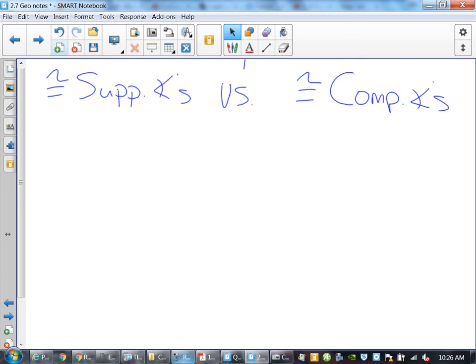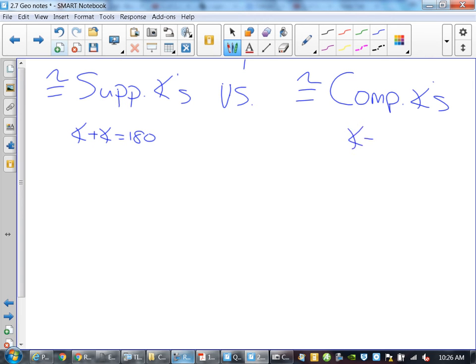First thing we have to remember is, what is a supplementary angle? How many of them? Two, good. Supplementary angles are two angles that add up to equal 180 degrees. What are complementary? Two angles that add up to equal 90. Perfect. So angle plus angle equals 180, and angle plus angle equals 90. That's what we had in our progression sheets.